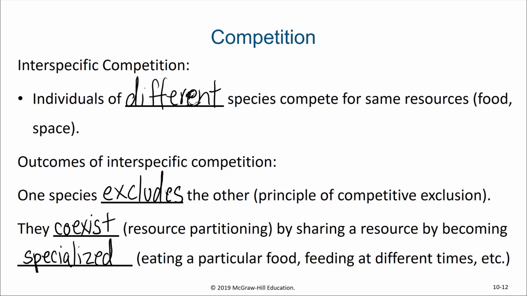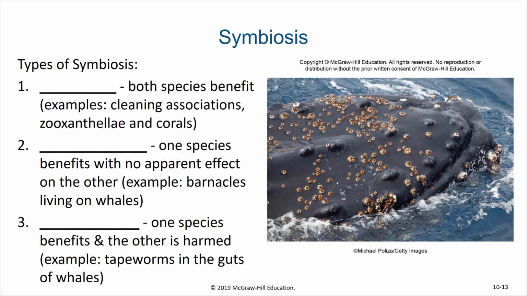So we're next going to discuss different methods of symbiosis, or living together. The prefix sym means together, and bio refers to life. So living together. And examples of symbiosis can include mutualism, meaning both species benefit.